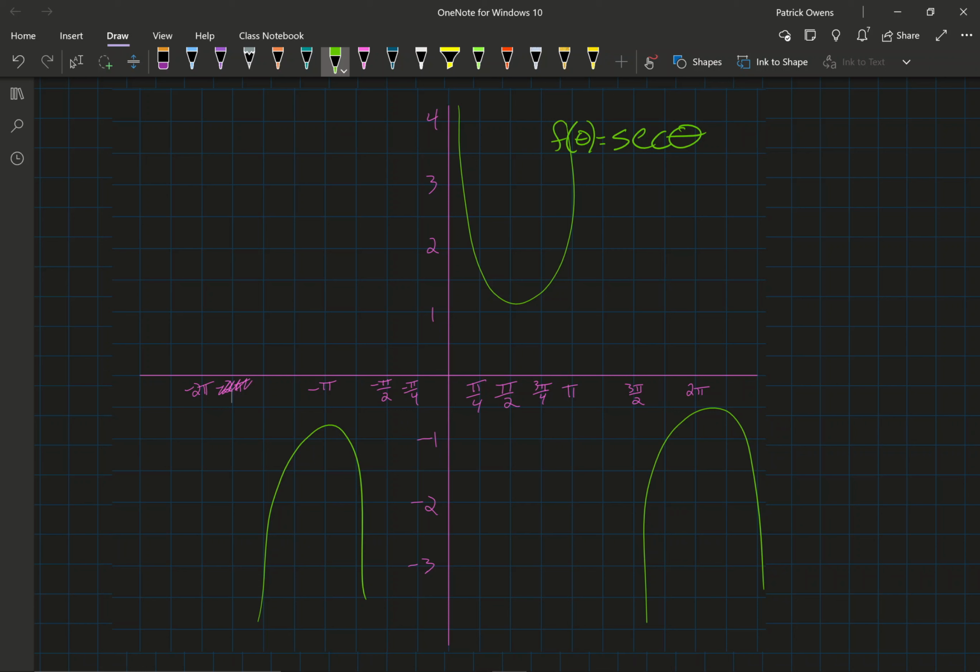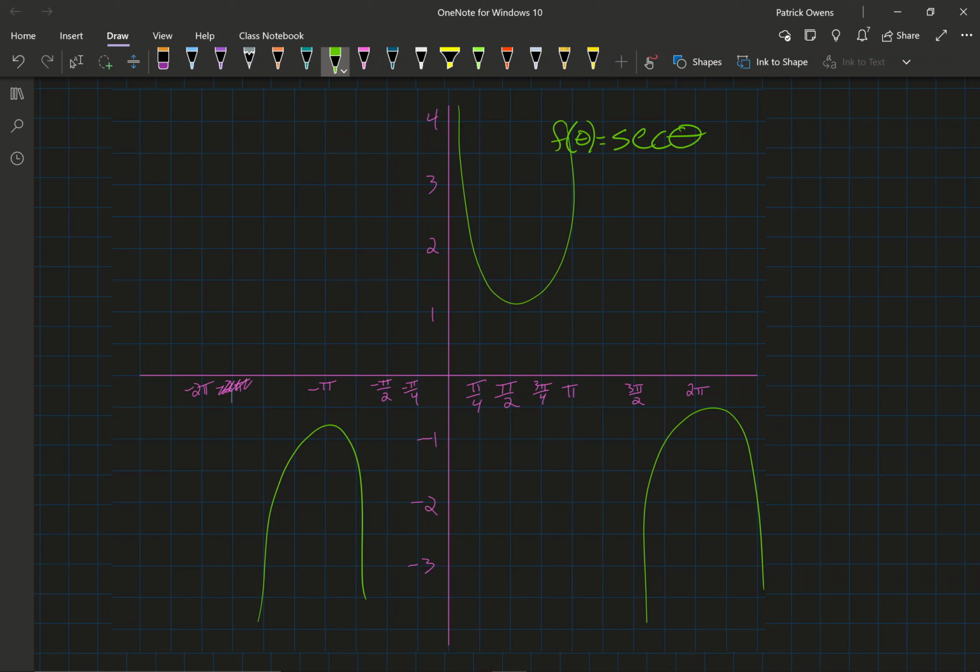Where are the parabolas going to be? It's a little tough to just tell, at least for me, looking at the function and going, all right, wait, what's going on here? Where does this minimum go? Where's the asymptote?